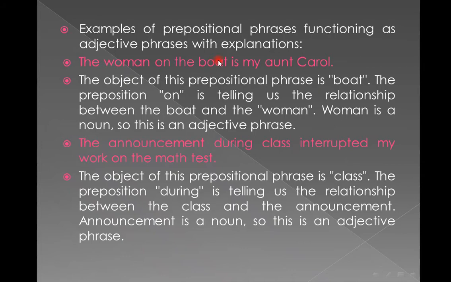Between the boat and the woman. Woman is a noun. So this is an adjectival phrase because this prepositional phrase gives us extra information about this woman. That's why it is an adjectival phrase, works as an adjective.